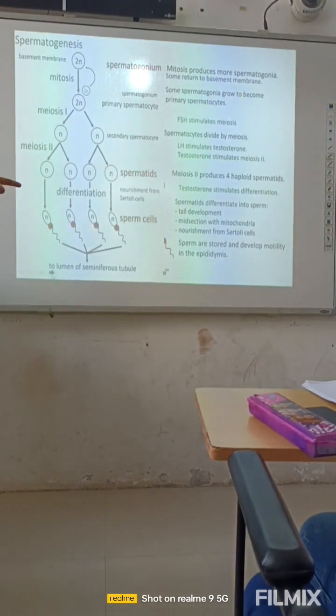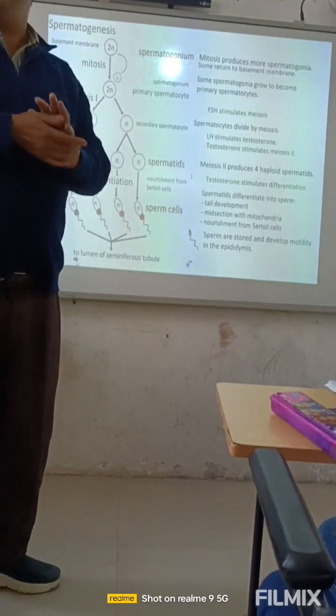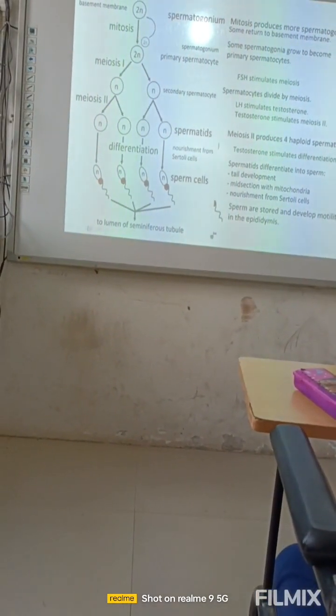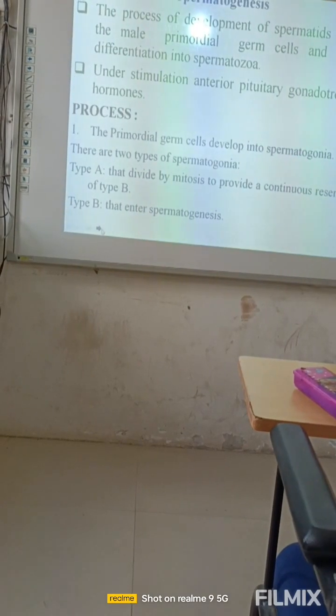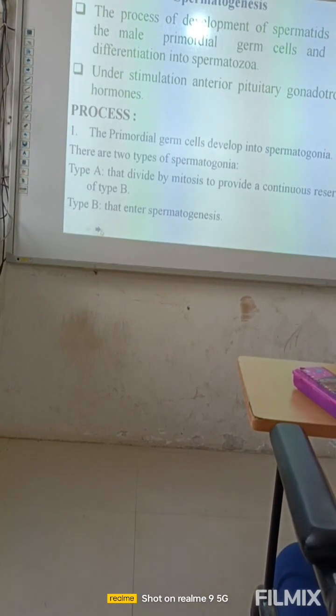Spermatids differentiate into sperm by tail development, formation of the midsection and mitochondria, and so on. We have already discussed all those things. So what is spermatogenesis?